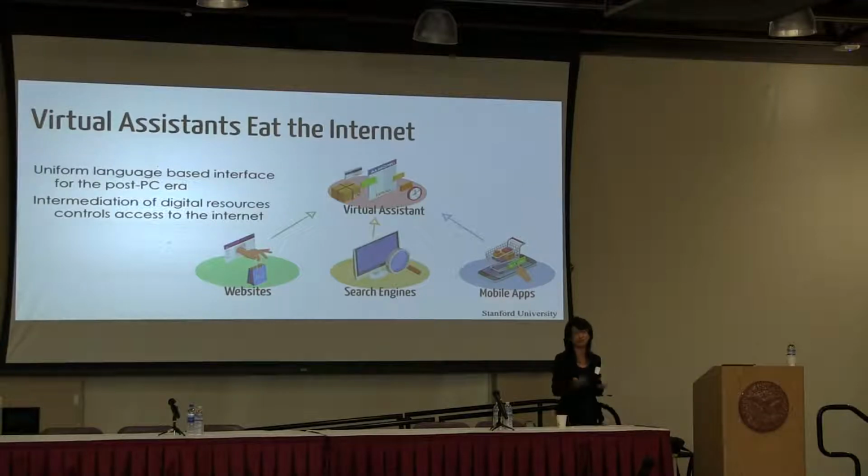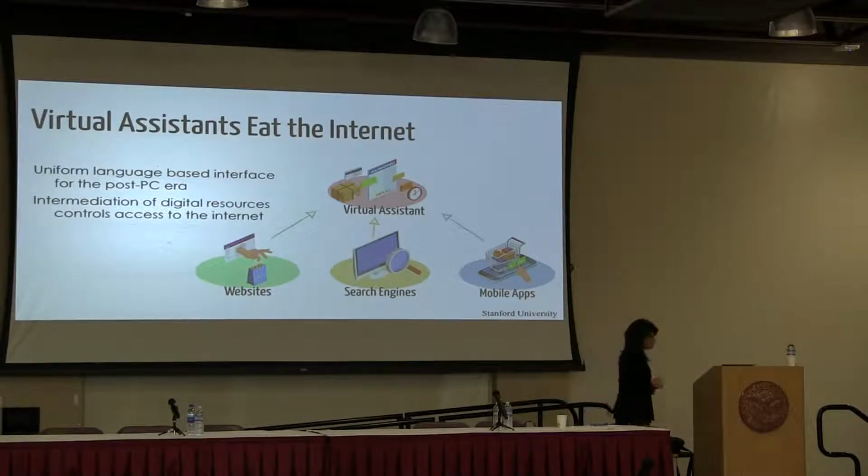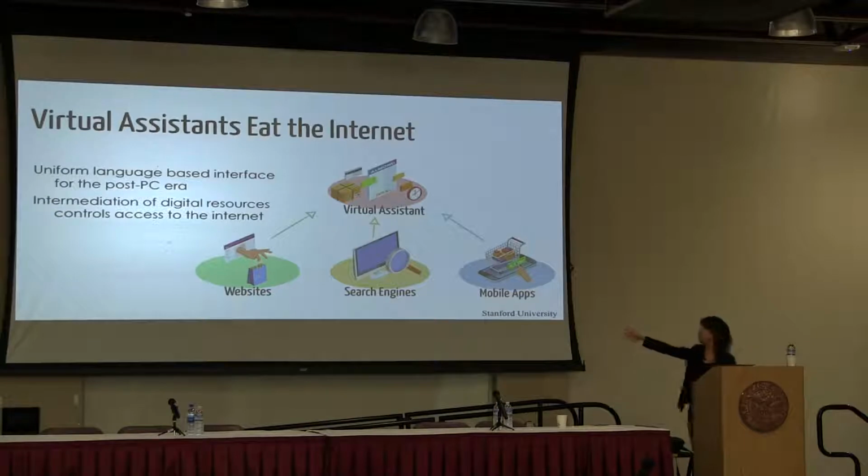It is really hard to beat because that would be a very personalized interface, and this is where we are heading to. So with the virtual assistant, you don't have to go to different websites or open different apps. You don't have to go to a search engine, and you just tell the virtual assistant what you want. And this is why I think the virtual assistants are going to eat the internet.